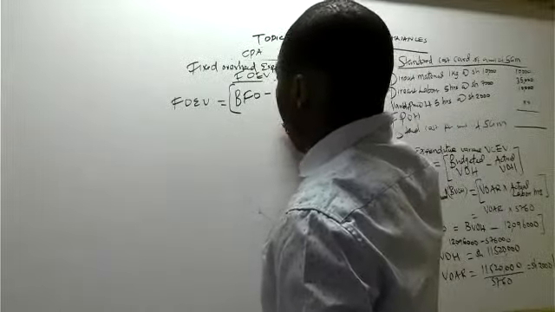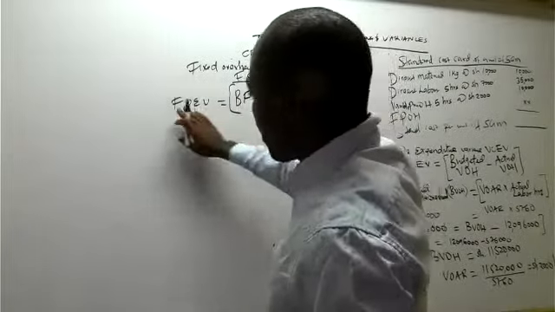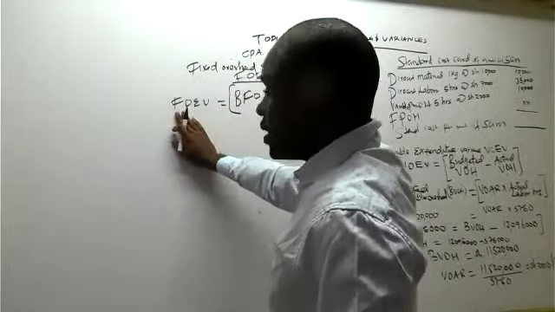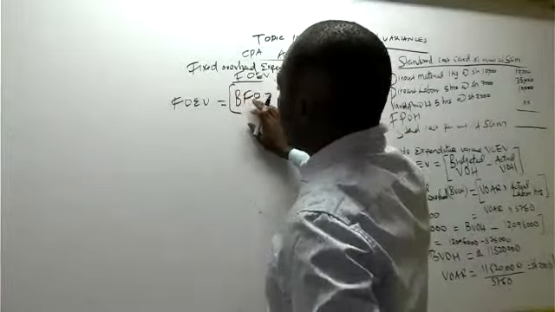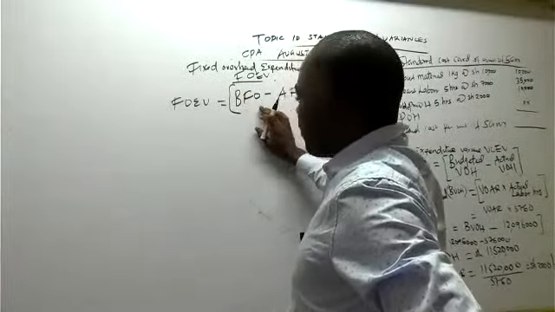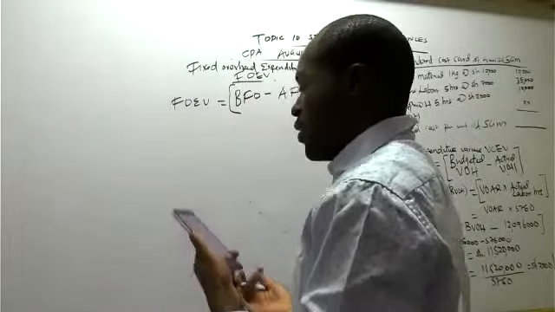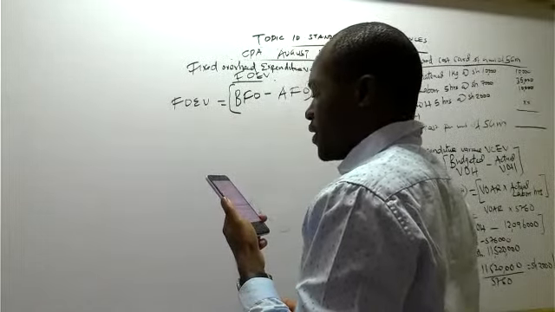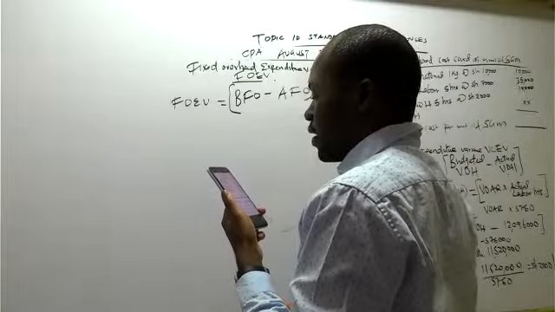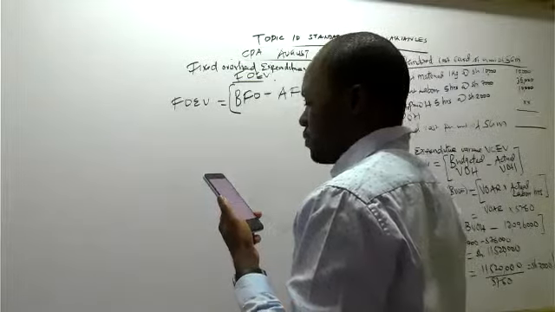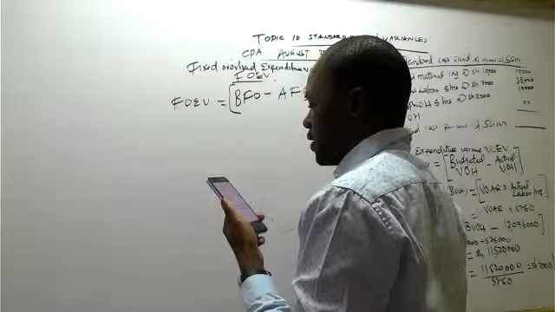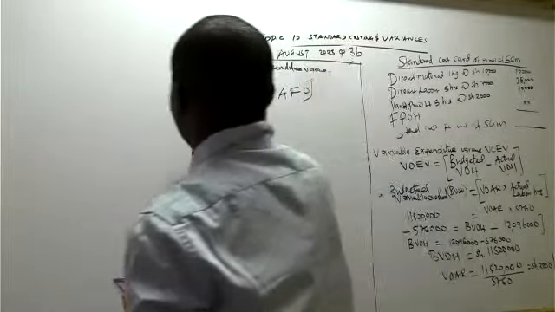Do we have actual fixed overhead within the question? Do we have fixed overhead expenditure variance? Do we have budgeted fixed overhead? If yes, let's look at the question and see what we have been given. The fixed overhead expenditure variance is 900 favorable.